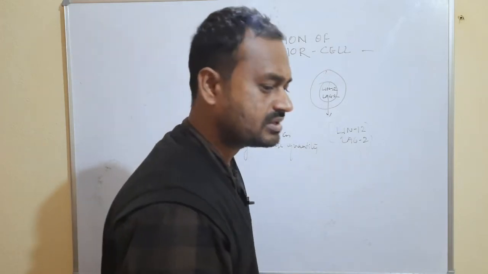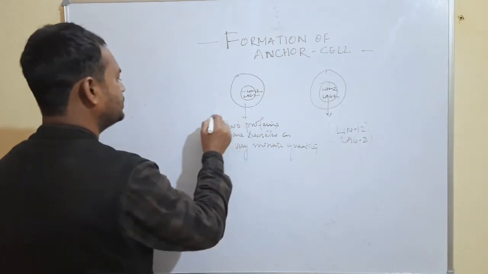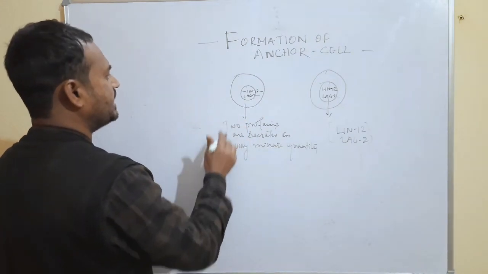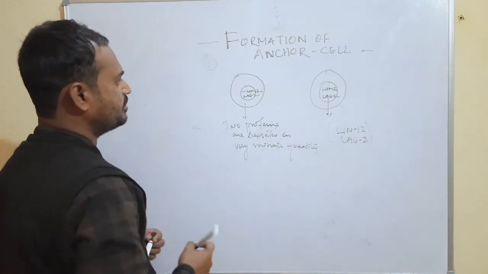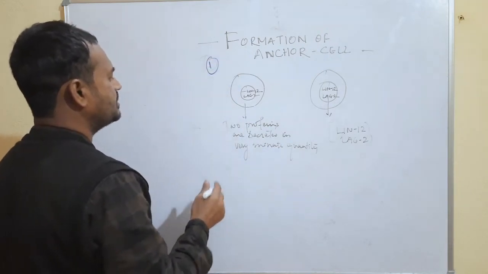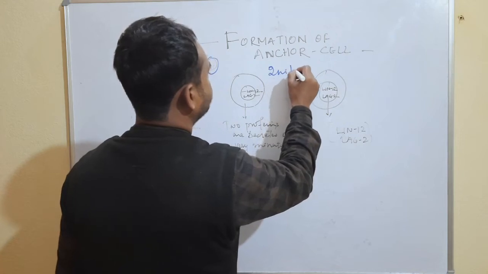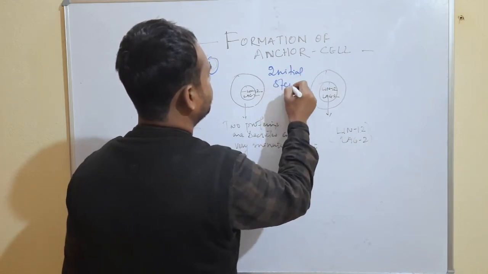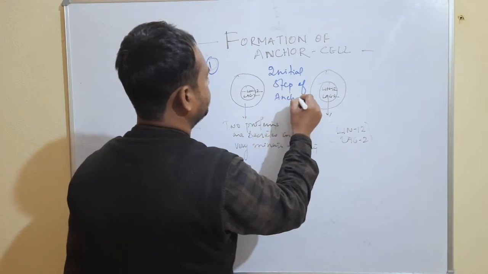After subsequent time or division, what actually happens? This is the first step, also called the initial step of anchor cell development.